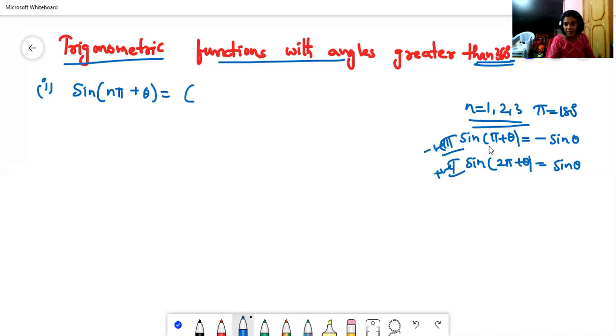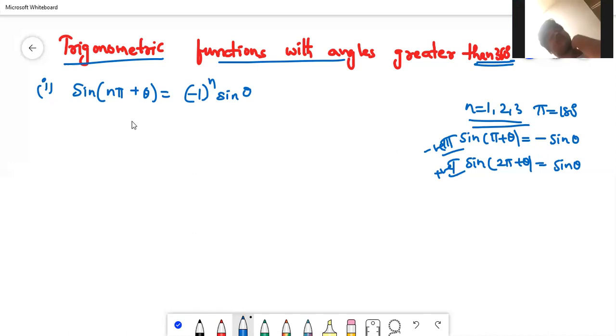So for even numbers positive, for odd numbers negative. So we can take minus 1 whole power n sine theta. You take 1, minus sine theta. You take 2, plus sine theta. You take 3, minus sine theta. You take 4, plus sine theta. This is also very, very important.